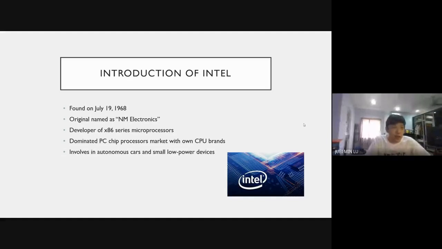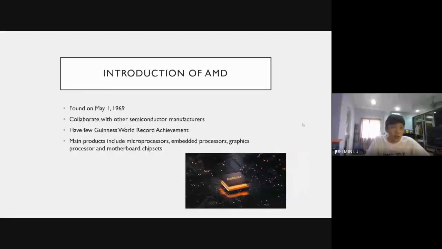Moving on to AMD, so-called Advanced Micro Devices, it was founded on 1st of May 1969. At first, AMD collaborated with other semiconductor manufacturers, International Business Machines Corporation, which is IBM, and Motorola to co-develop production technologies and manufacture its own processors at company-owned semiconductor foundries.